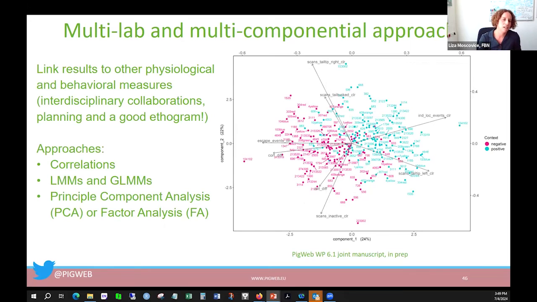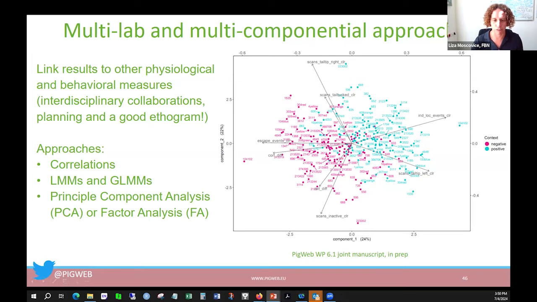And finally, as Helena said, for the peripheral temperature, it's just as true for hormones. Emotions are multi-componential processes. Your data analysis should be multi-componential as well. Link your hormone measurements with other behavioral measures, with other physiological measures, and you can use a lot of approaches to do this.